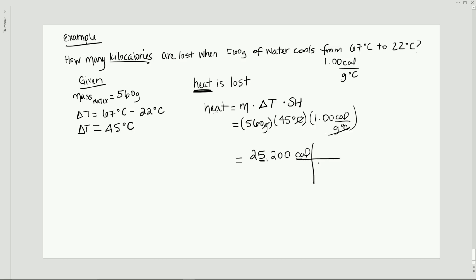So there is 1,000 calories, lowercase calories, for every 1 kilocalorie. Okay, so we have calories in our numerator and calories in our denominator, so those cancel.